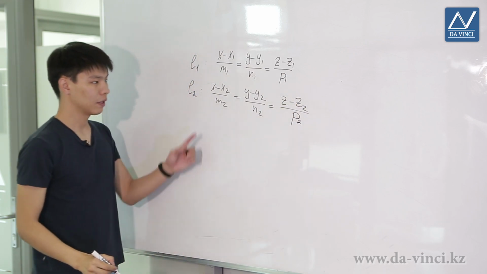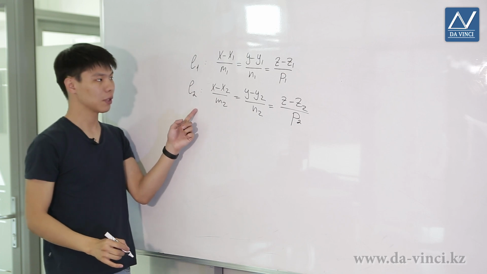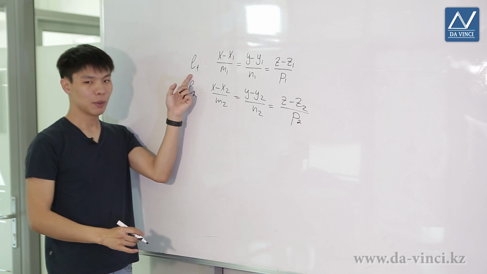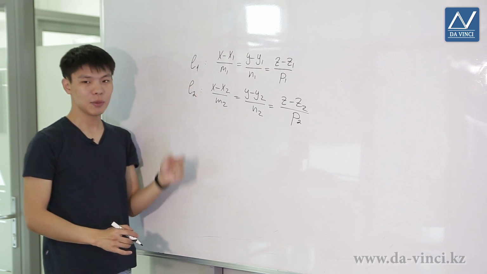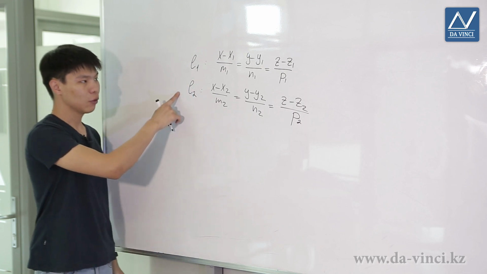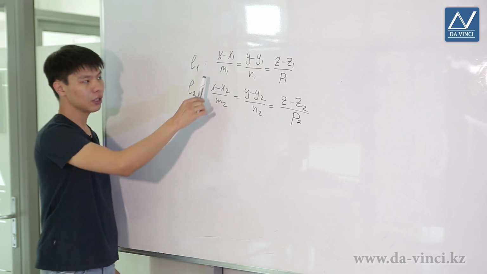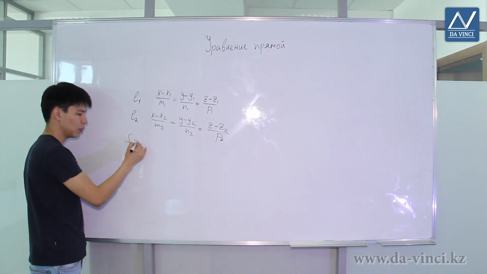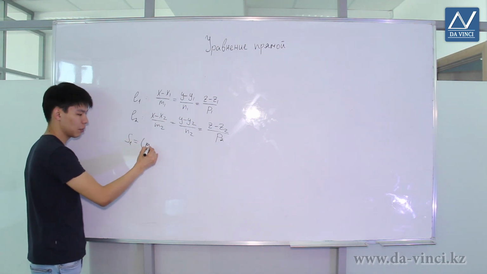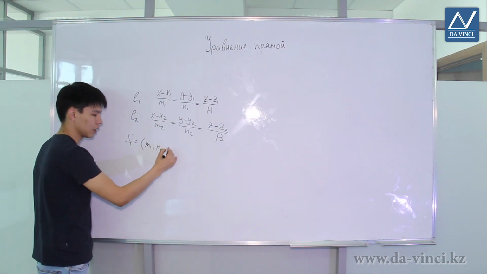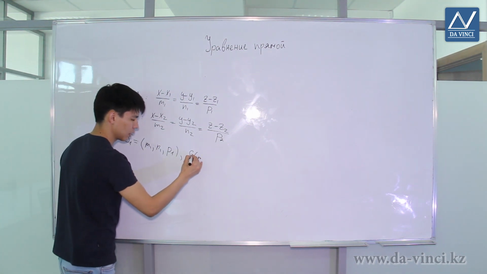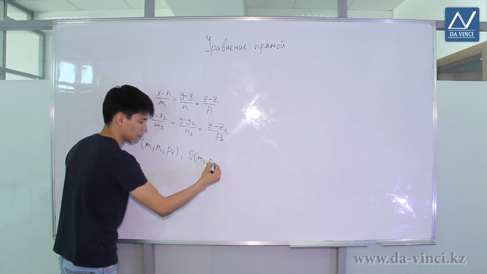So we have 2 equations and we need to identify their mutual arrangement. Let me remind you that lines can be parallel in space, or intersect, or be skew. In order to determine their mutual arrangement, we need to find the direction vectors. The direction vector of the first line is the vector with coordinates m1, n1, p1. The direction vector of the second line is the vector with coordinates m2, n2, p2.